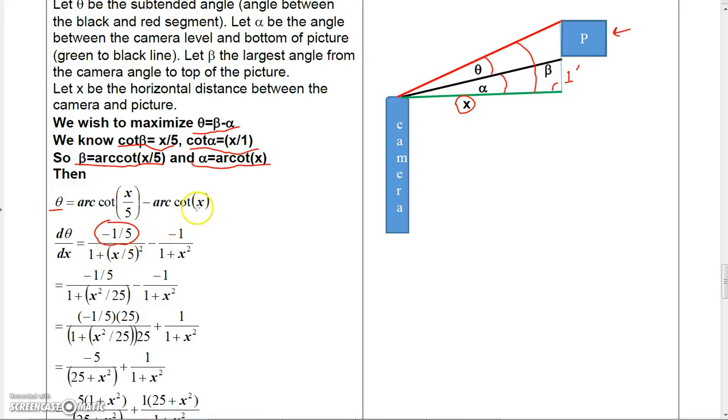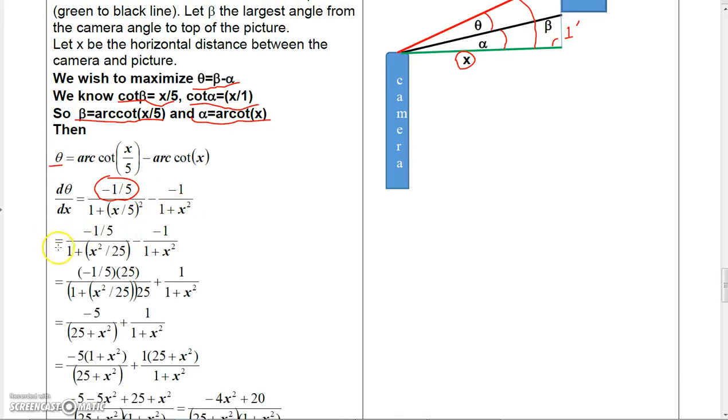Then the same thing here, but you're going to have minus a minus u prime. Now u prime here is just 1, so you're going to have minus 1 over 1 plus x squared. And minus a minus is going to be plus.